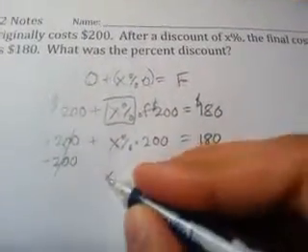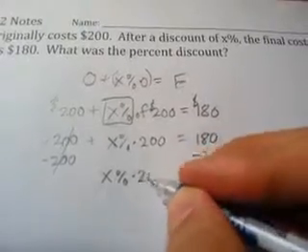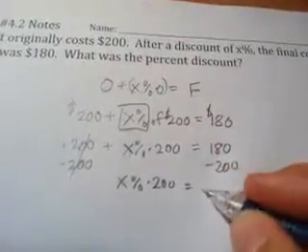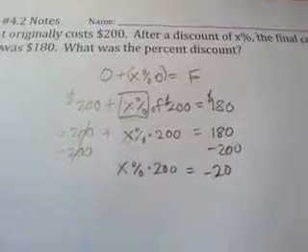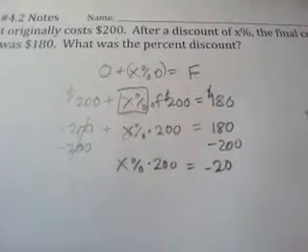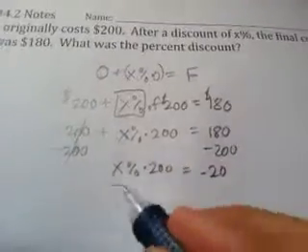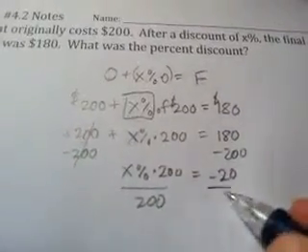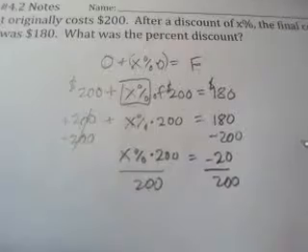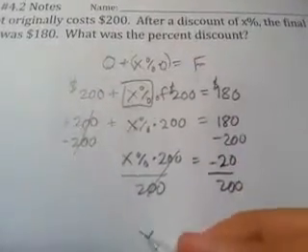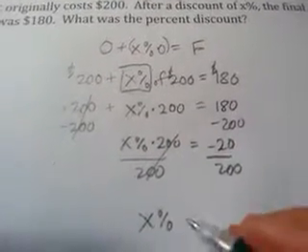Now I have X% of 200 is equal to negative 20. Okay, and then how do I undo multiplication of 200? I would divide by 200. So this would cancel. Now I have my X% alone.